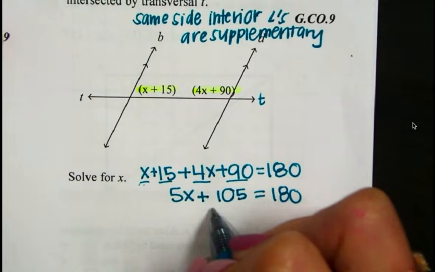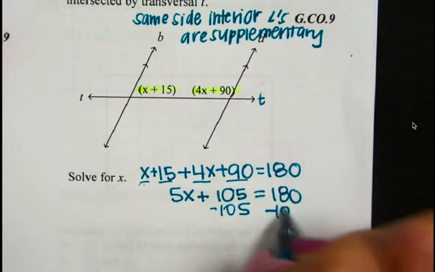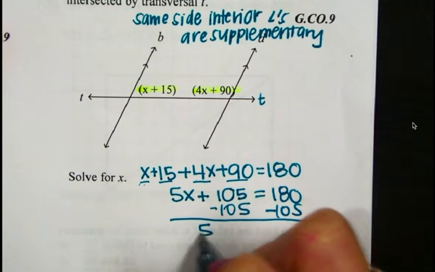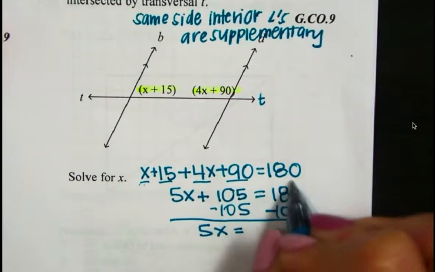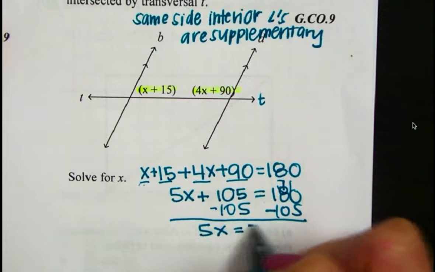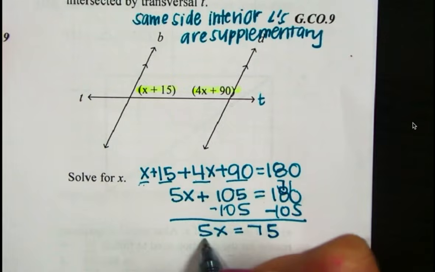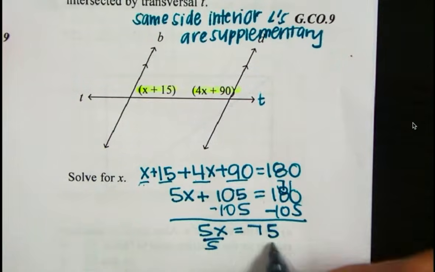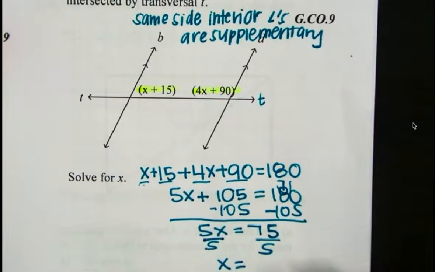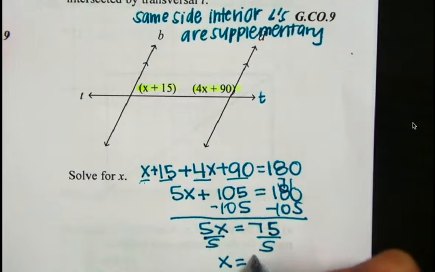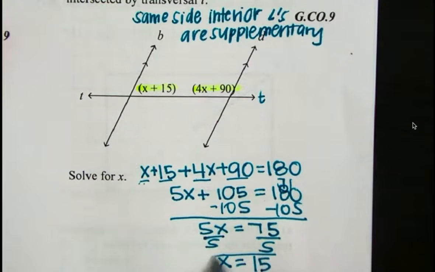Then subtract 105. 5x is equal to 75. And then divide by 5. 75 divided by 5 gives us x equals 15.